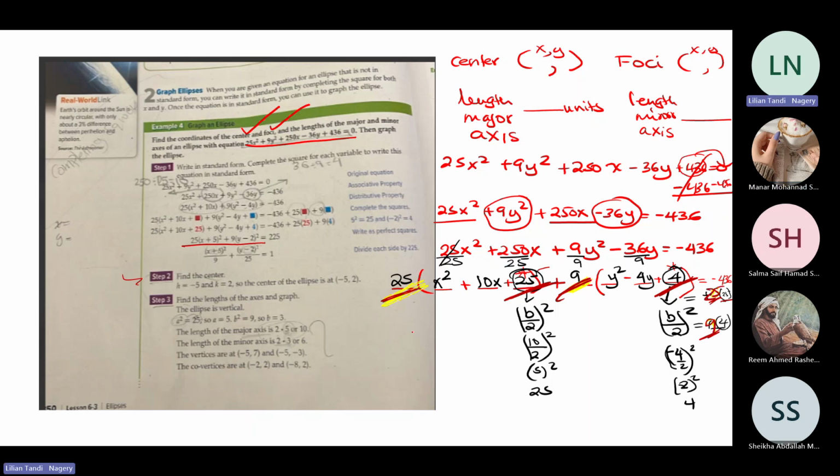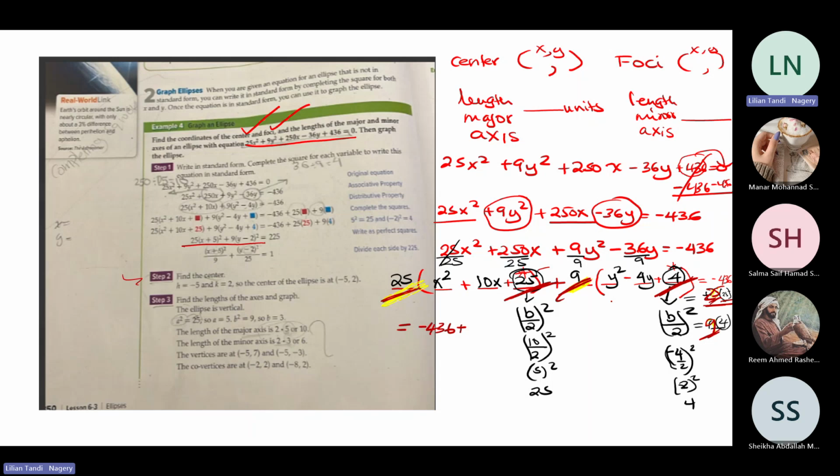Okay, so now we have an equal, yes? On this side of the equal, we have negative 436 plus 25 times 25.